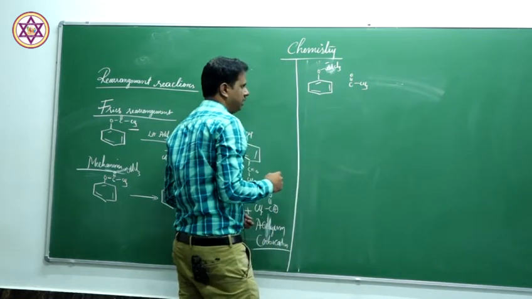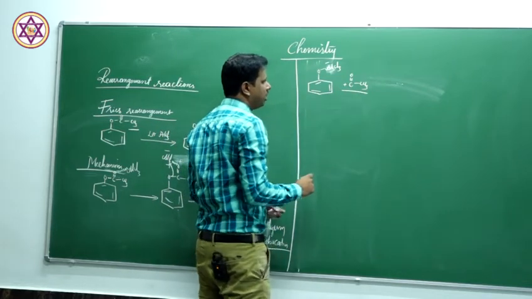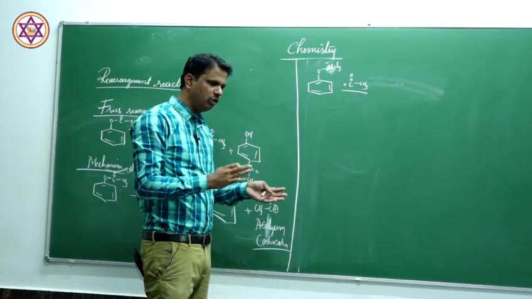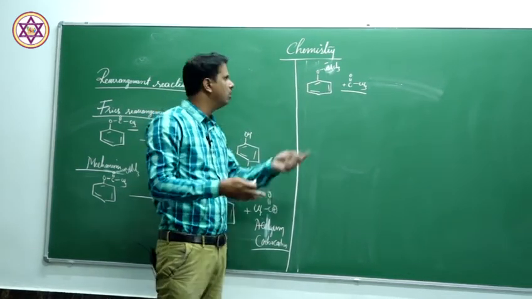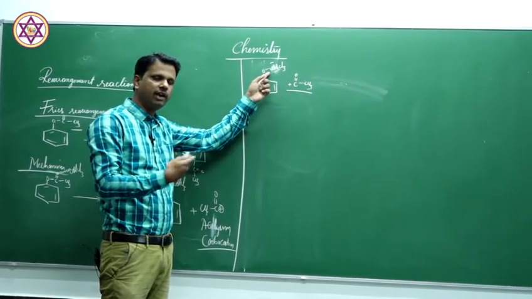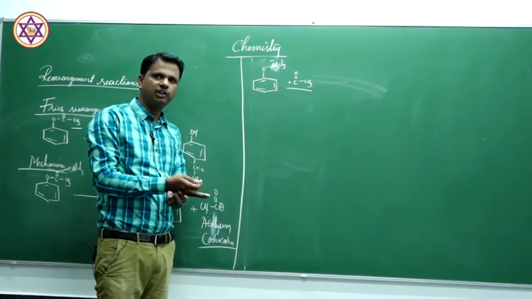Now there are two possibilities. This positively charged acylium carbocation is now an electrophile. We know that an electrophile attacks an aromatic system in two ways, depending on the directing group. In this case, the oxygen behaves as an electron donating group.